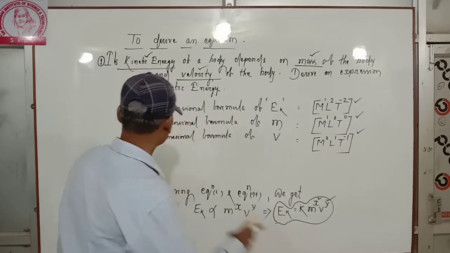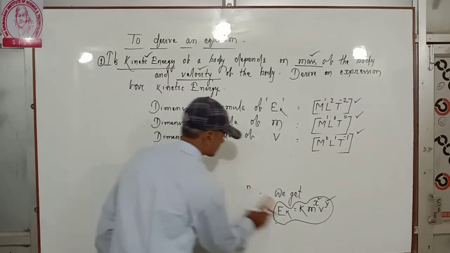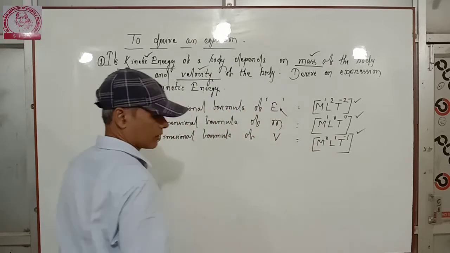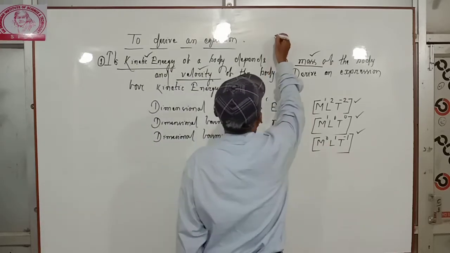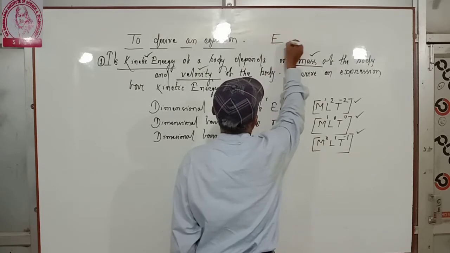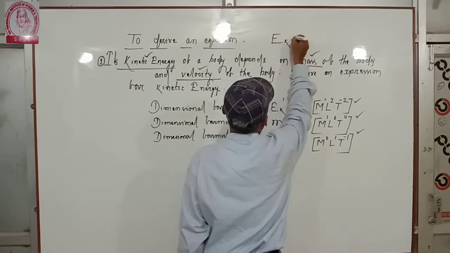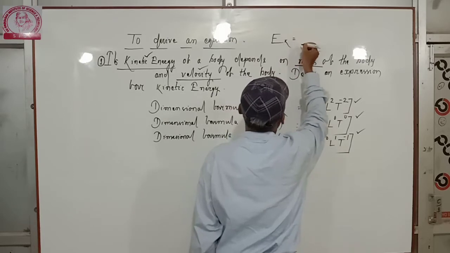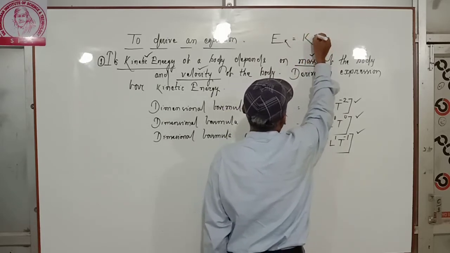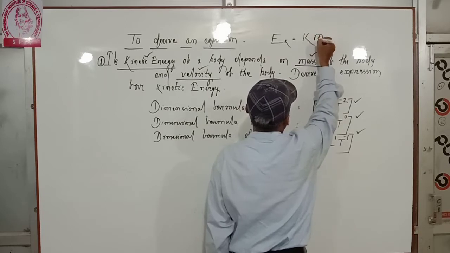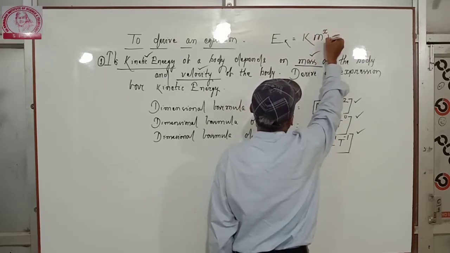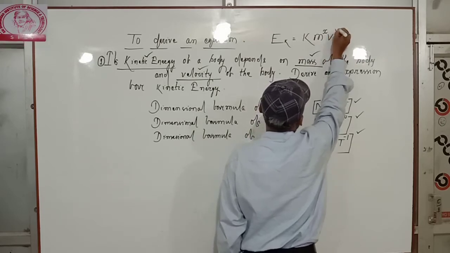Now we have Ek is equal to k m to the power x into v to the power y.